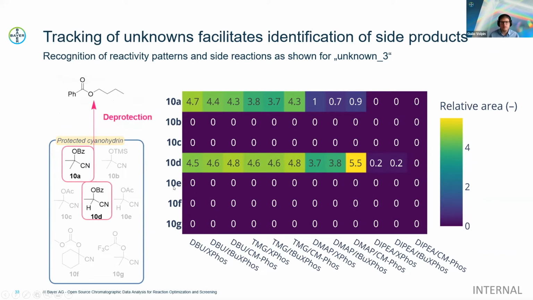And for those skilled in the art, you may already have an idea of what this is. It was easy to imagine that you have the deprotection of the cyanosource by butanol, plucks off the benzoate, and creates butyl benzoic acid, which is picked up as unknown 3 by our software.